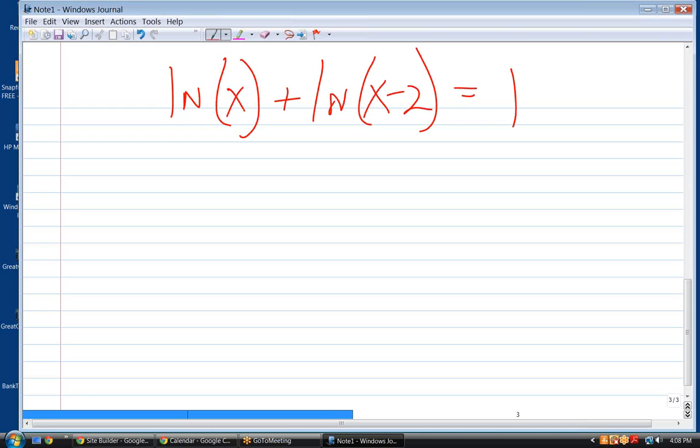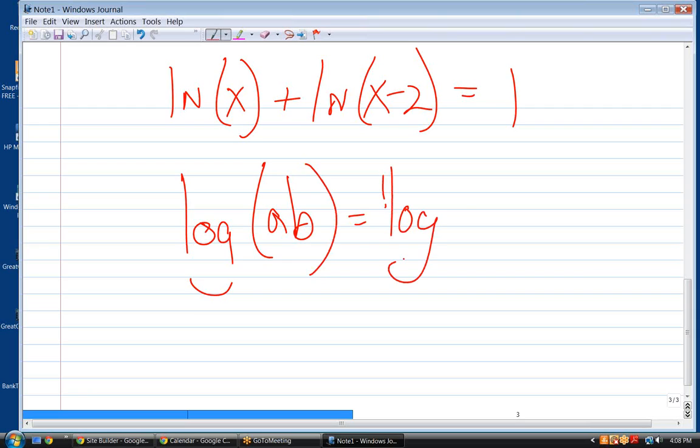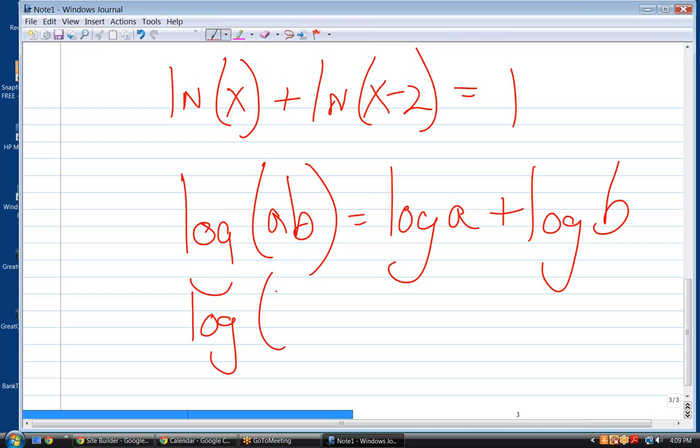There are 3 extremely important rules about logs. It doesn't matter whether it's natural log or regular log. If I take the log of the product of 2 things, it's equal to the sum of the logs. If I take the log of the quotient of two things, it's the same as the difference of the logs.